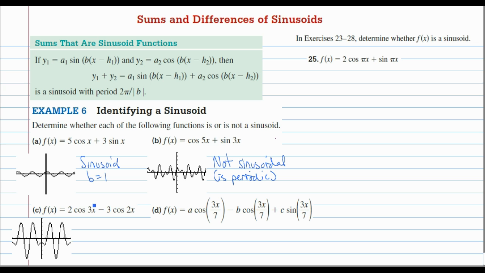Example C, again, the B value in front of the x for this first part is 3. The B value here is 2, so this will not be sinusoidal, and we can see it is not. It does have some repetition in there that begins to look like a sine curve, but then it does a funky little squiggly thing, and that's all over. So this is not sinusoidal, or not a sinusoid, you could say that too.